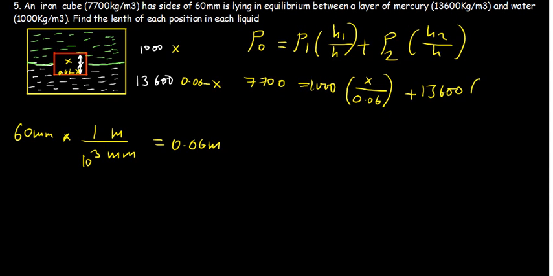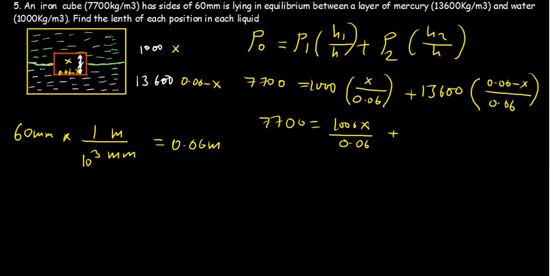The height in mercury is 0.06 minus x over the total height, which is 0.06. So we have 7,700 being equal to 1000x divided by 0.06 plus.